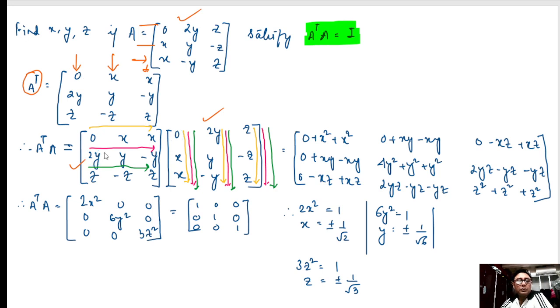Now we will do 2y into 2y plus y into y plus minus y into minus y, and we will get this part. Now we will do 2y into z plus y into minus z plus minus y into z, and we will get this part.